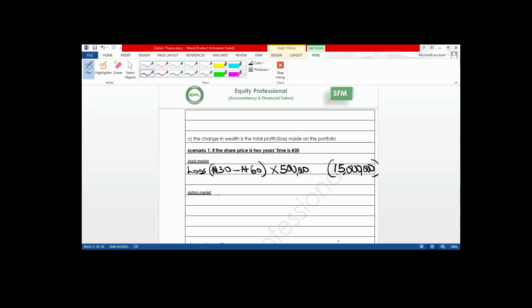We now move to the option market. At the option market, the investor has obtained a right to sell the shares for 50 naira per share. That is the exercise price.